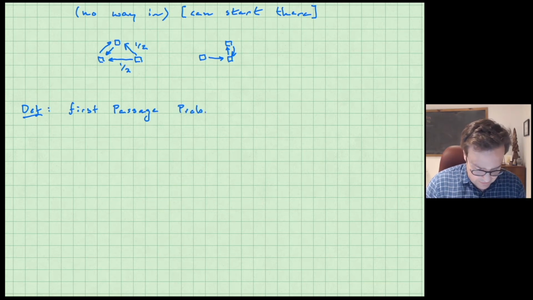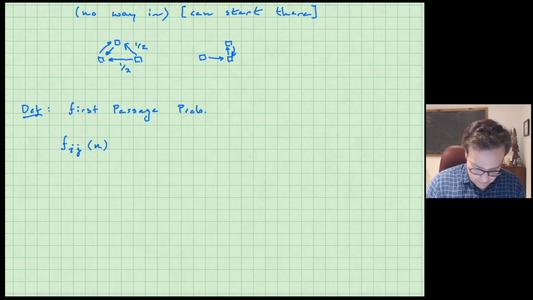We'll call it Fij, and it has a time n, and this thing looks like this.